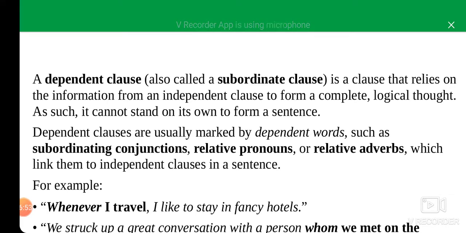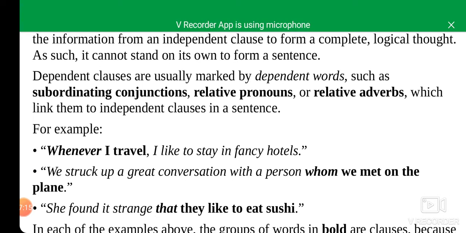So this dependent clause depends on the independent clause for its complete meaning, because it alone cannot give its complete meaning. It does not make any sense if we do not take the help of an independent clause. So it can't stand on its own.